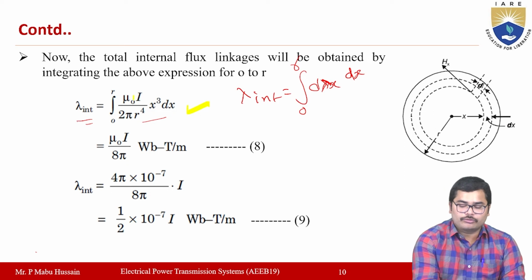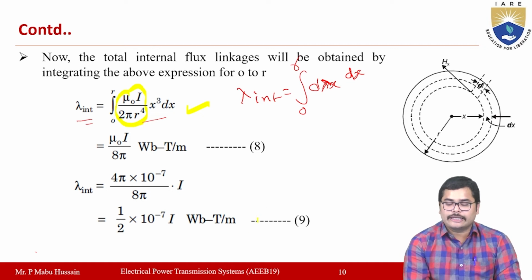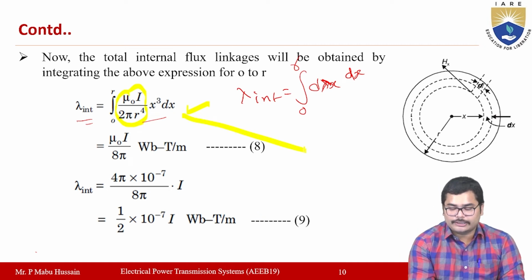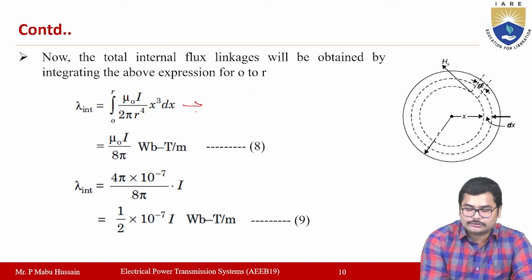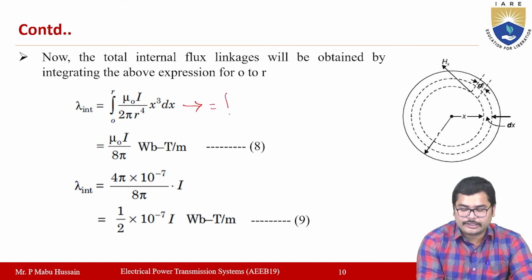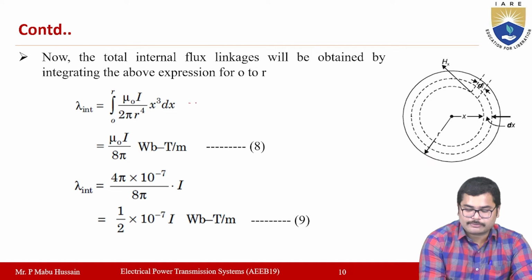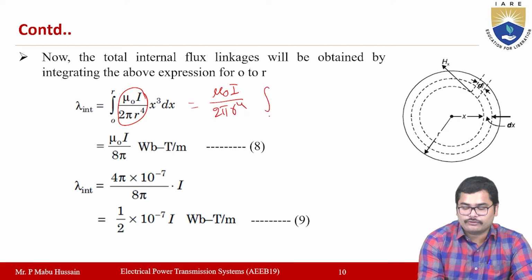The total value mu 0 I by 2 pi r power 4 is constant, so you take it out, and you get mu 0 I by 2 pi r power 4 times the integral from 0 to r of x cubed dx.